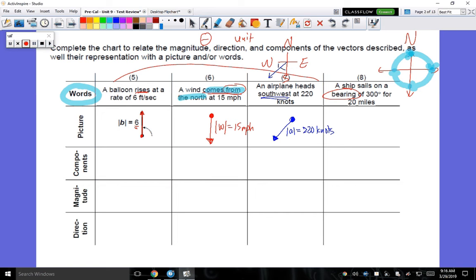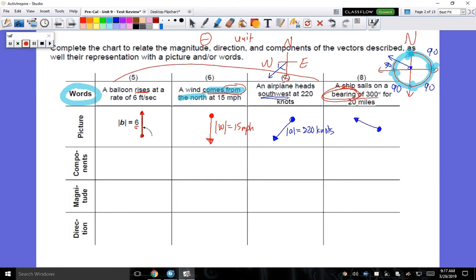And because you're going to sail on a bearing of 300, it's basically going to go, here's 90, here's 180, here's 270, and 30 more degrees is going to show that the ship is traveling this direction. Okay? Again, there's 90, 90, 90. 30 more would give us that 300 degree bearing direction. So we're going to draw something that looks like that. Okay?